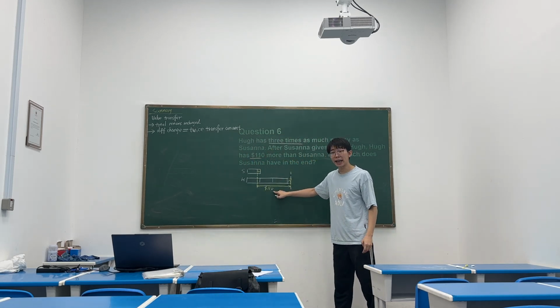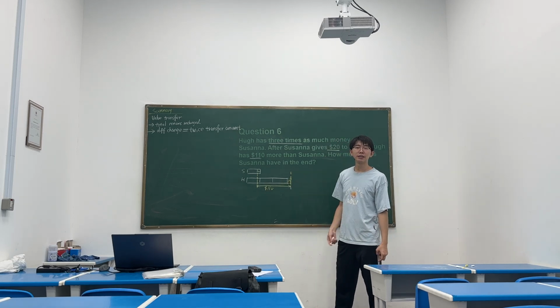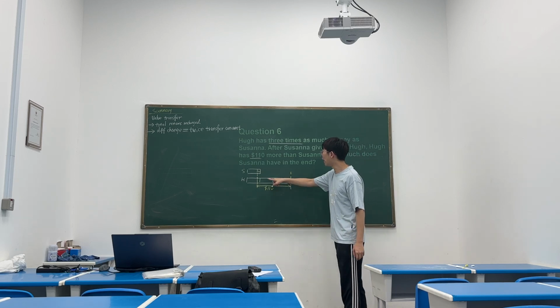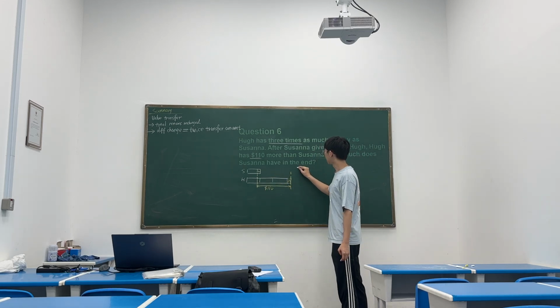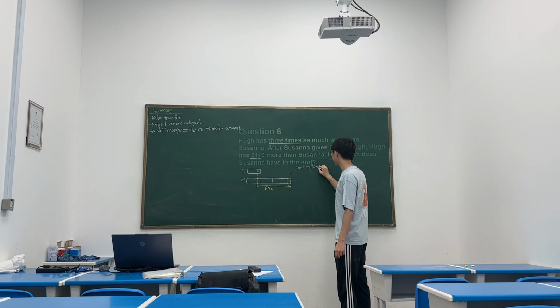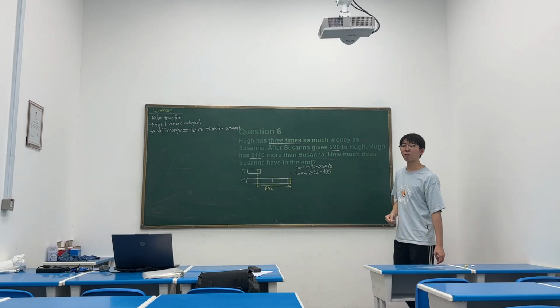You see that 110 equals 2 units and an extra 20, right? So how should we find out 2 units here? Charlotte? Yes, you need to subtract the 2 extra 20. So our 2 units are equivalent to 110 minus 2 times 20, which will give us 70. So 1 unit equals this 70 divided by 2, which is $35. That is the value for 1 unit.